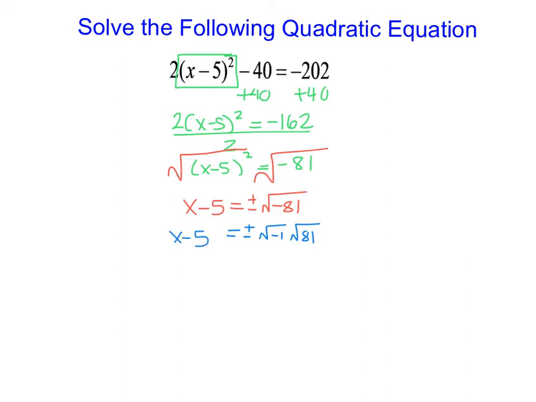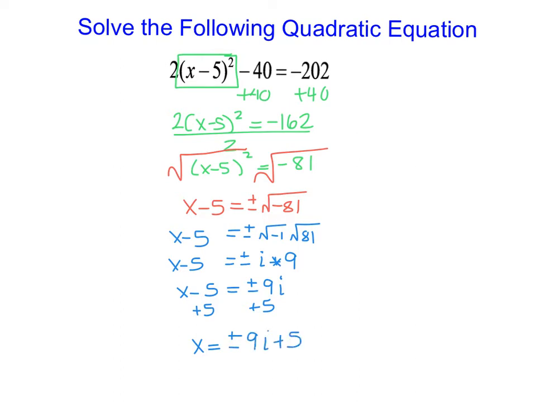So the square root of negative 1 is i, and the square root of 81 is 9. So what we end up with is x minus 5 is equal to plus or minus 9i. And then what we can do is add 5 to each side. So we end up with x equals plus or minus 9i plus 5.